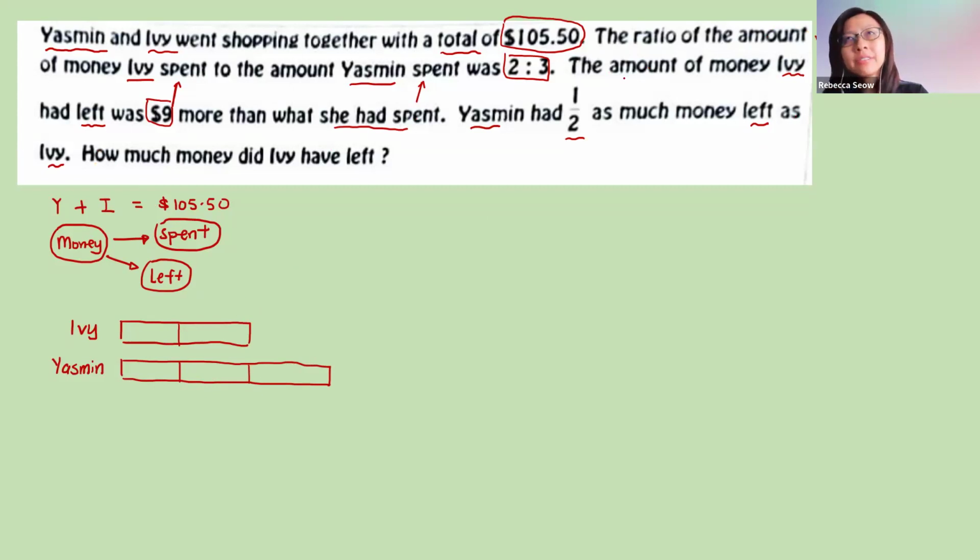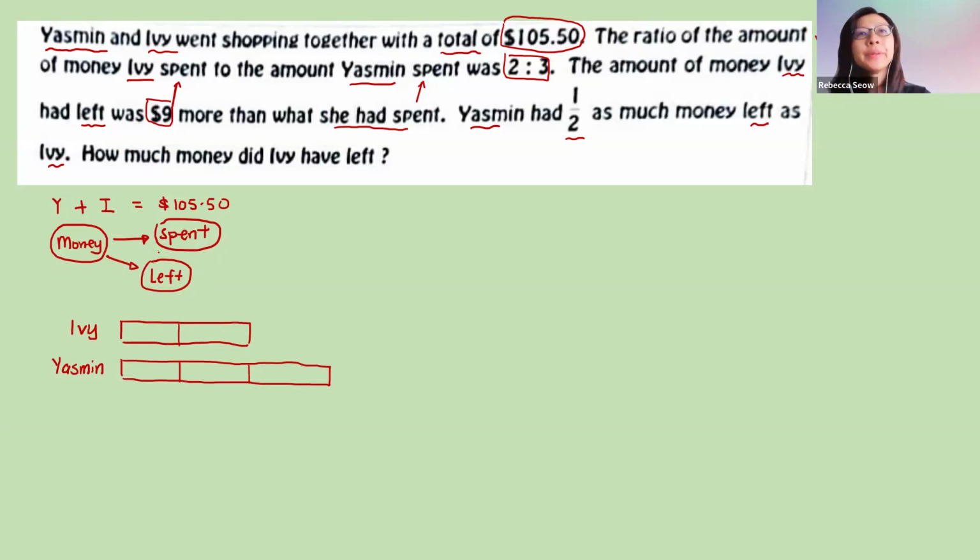Let's take a look at the following sentence. Amount of money that Ivy had left. That means it's not whatever we have drawn. What we have drawn already is the amount spent. Amount left, we have to add on to the existing model. What Ivy had left was $9 more than what she had spent.